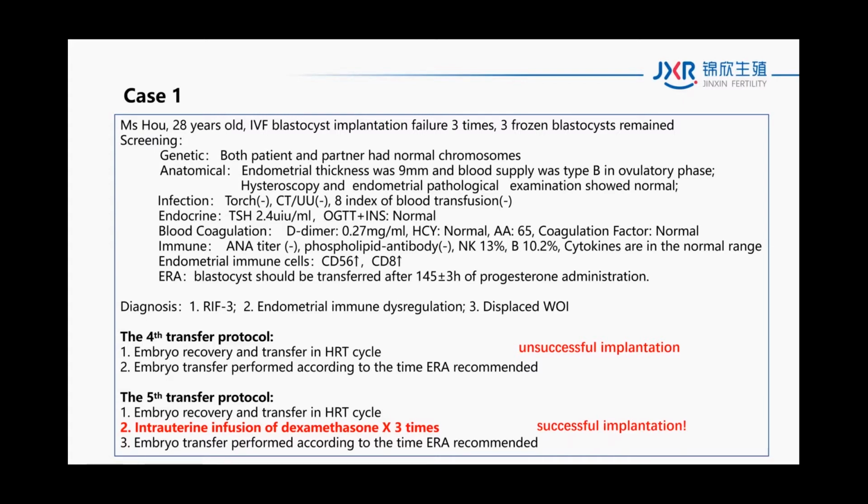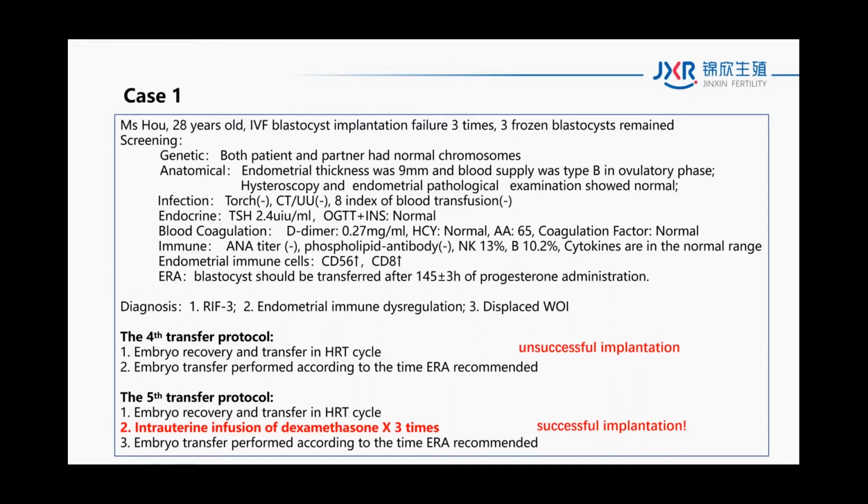So we performed intrauterine perfusion of dexamethasone in her FET cycle, then transferred according to the ERA suggested time. After the transfer, her HCG was positive. At present, the patient has been pregnant for 16 weeks and everything is relatively stable. It makes us very happy.